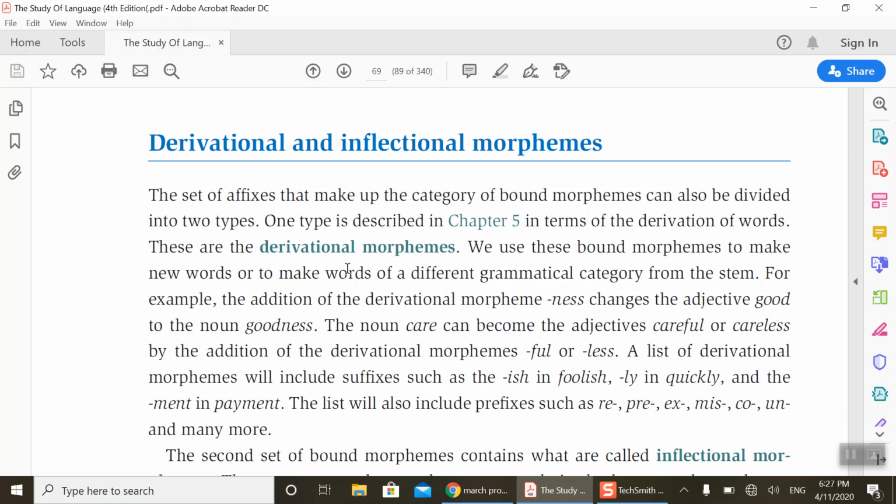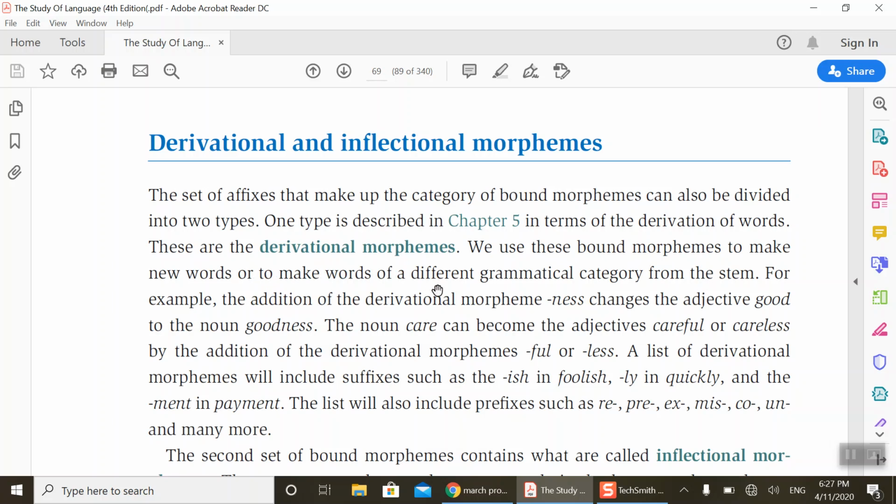So derivational morphemes, we use these bound morphemes from its name. What are the characteristics of derivational morphemes or inflectional morphemes, or what is the difference? Very important. We use these bound morphemes to make new words. This is the derivational morpheme.